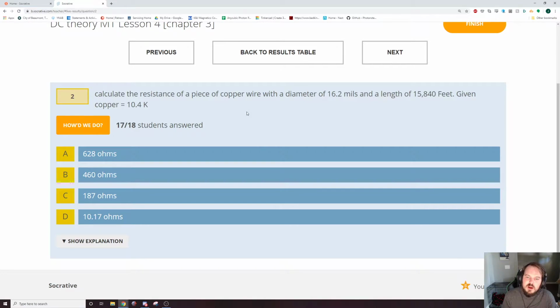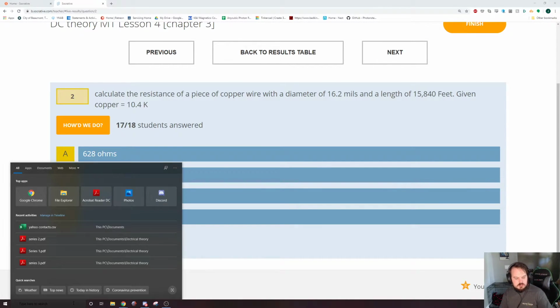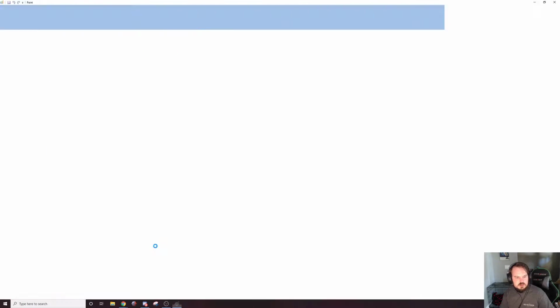Calculate resistance of wire with a diameter of 16. Okay, so math time. So let's open up Paint.